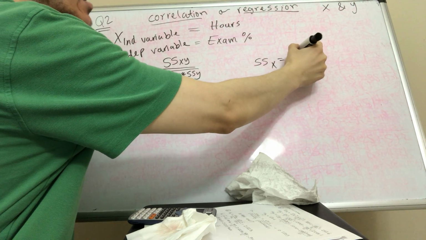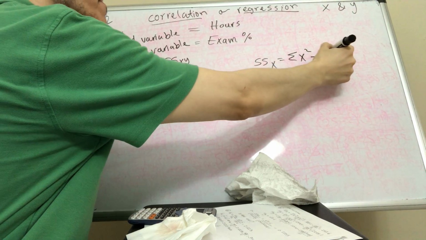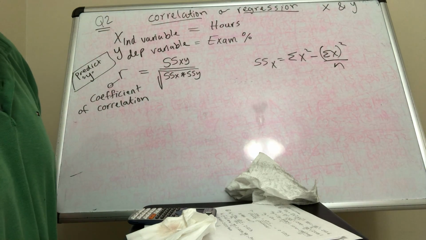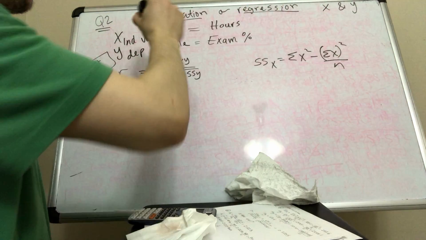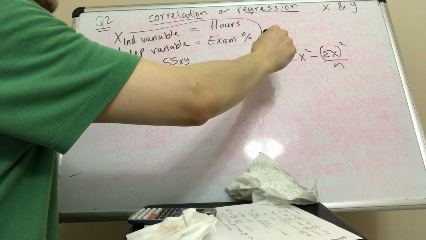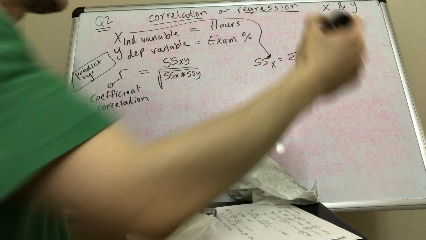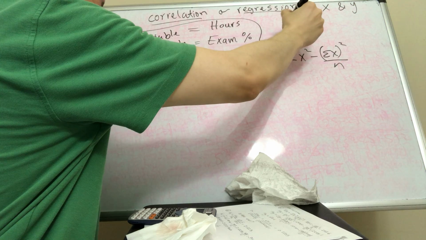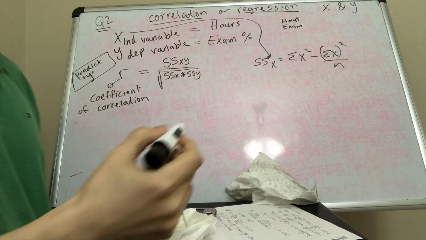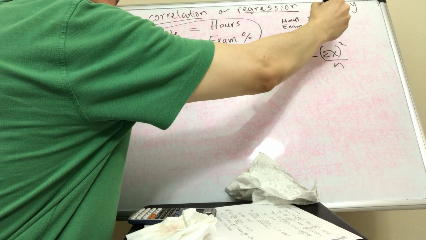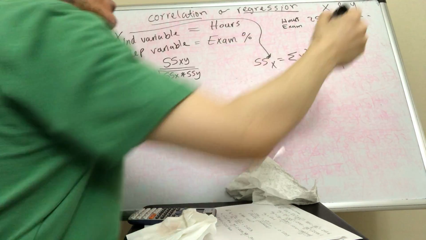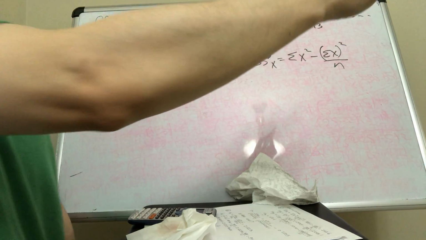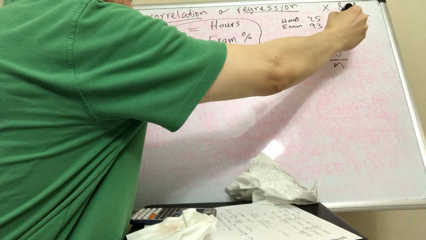SSX is the famous sum of x squared minus the square of the sum of x, over n. And since we know that x is hours, so remember, you have hours, you have exam percentage for 10 different students, and the hours would be like 12, 25, 12, and so on. Exam, 93, 57, and the rest.